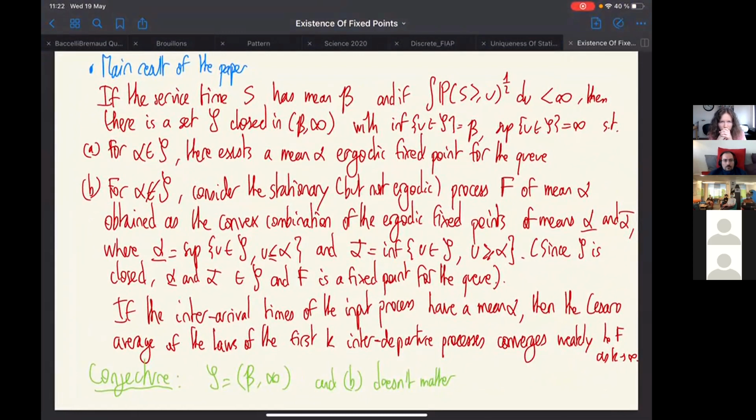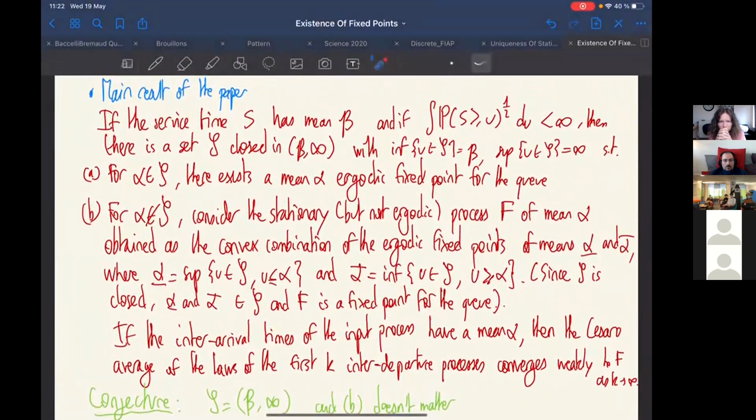So assume a few technical hypotheses. First of all, you call beta the mean of the service time. If there's a technical condition, which is a sort of integrability condition, then there's a set of values, closed in B infinity, which in some sense covers all of B infinity because its infimum is beta and its supremum is infinity.